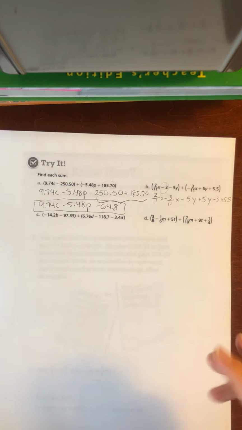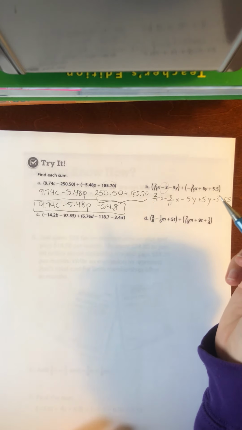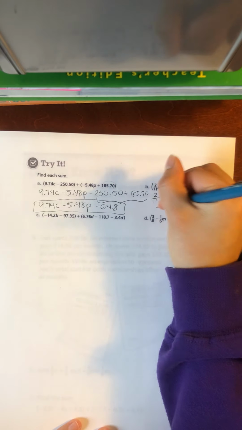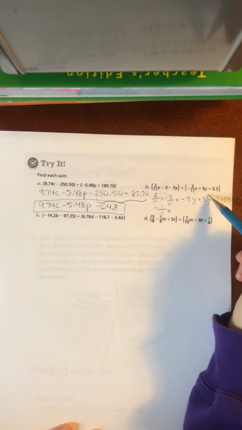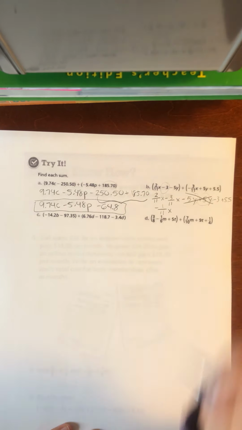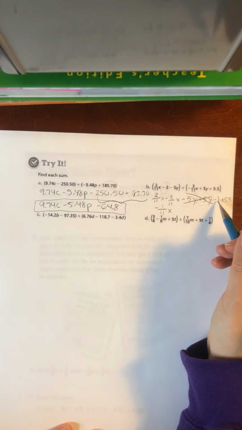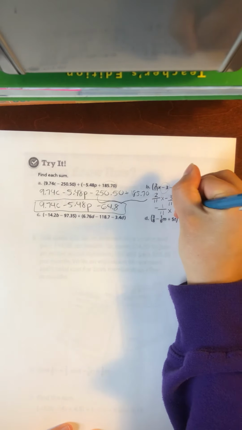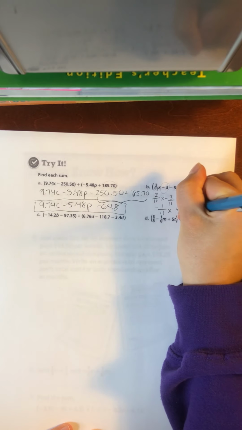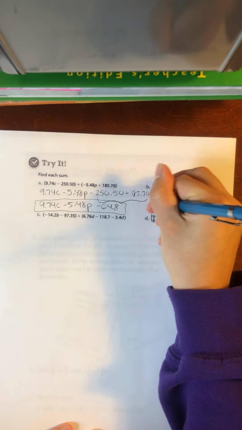Okay, so now 2/11x minus 3/11x is -1/11x. -5y plus 5y, these cancel out, that makes 0. And then lastly, -3 plus 5.5 is +2.5. So it's -1/11x plus 2.5.